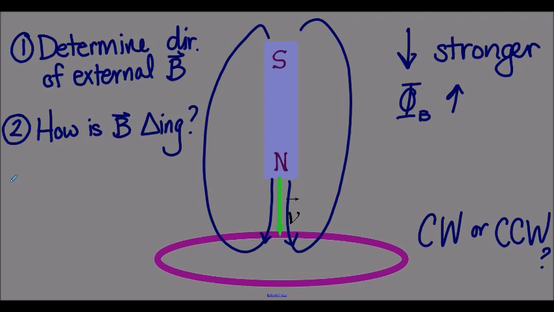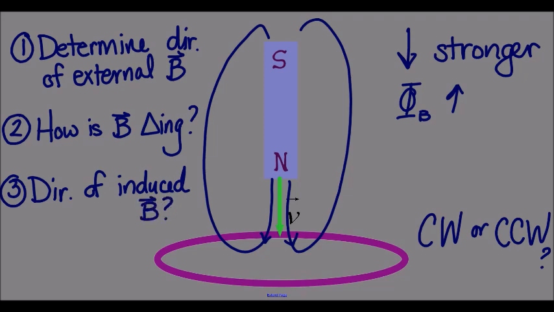So opposing that means we need to determine the direction of the induced magnetic field. And again, that induced magnetic field would oppose that. So that means that the induced magnetic field would be upward because it's opposing the strengthening downward field.